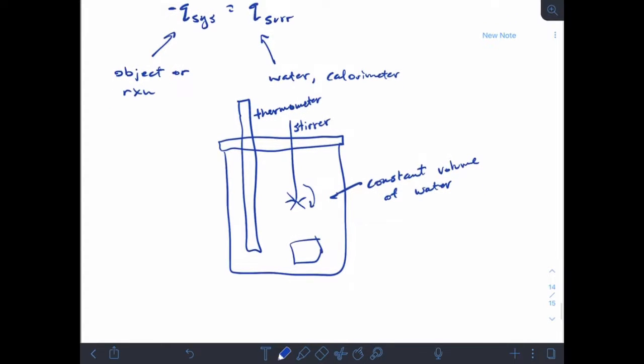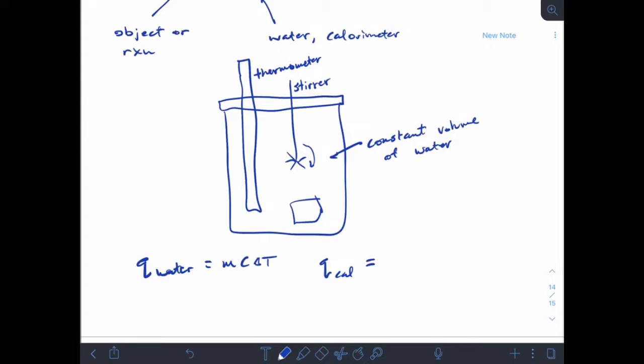Okay, so the water itself is going to be the main component in our calorimetry. And so it will have its own mc delta T. And then the heat capacity of the calorimeter is determined in a separate experiment.